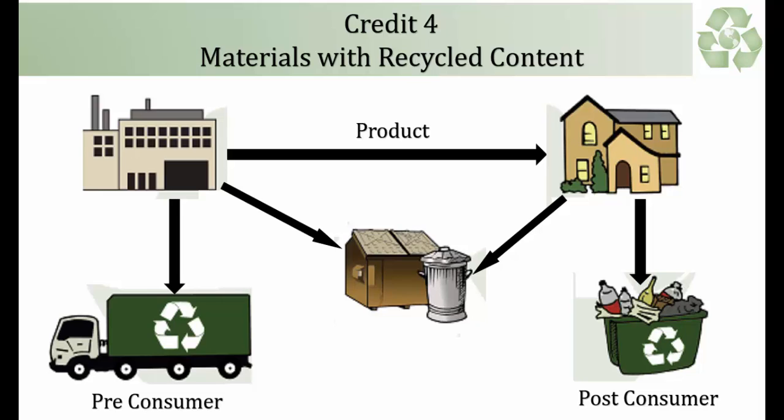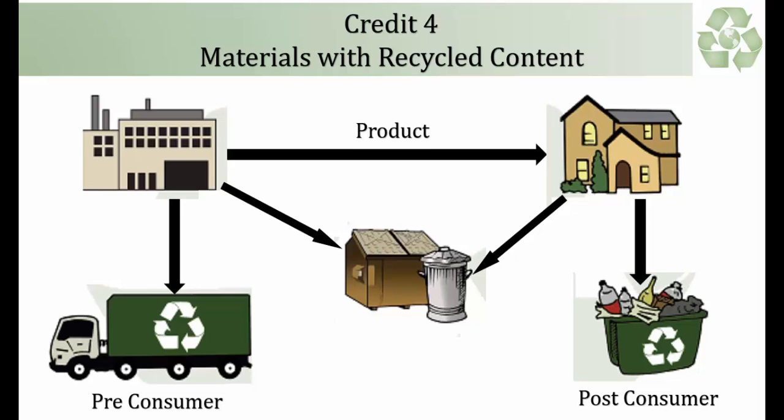There are two types of recycled content in any product. First is pre-consumer and second is post-consumer. Pre-consumer recycled content is what is obtained directly from industry after processing, and post-consumer recycled content comes from the consumer.